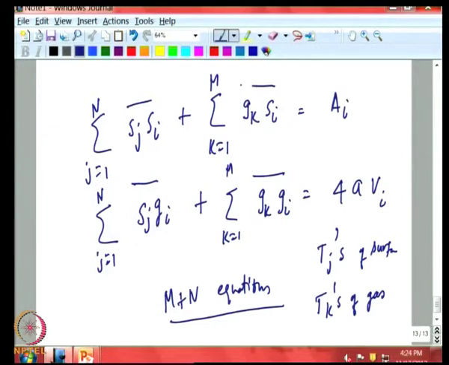So, today with the availability of high speed computers, one can divide the surface of a furnace into 100 surface elements and maybe 100 gas elements, and you have 200 equations, and inverting them does not take any time at all.